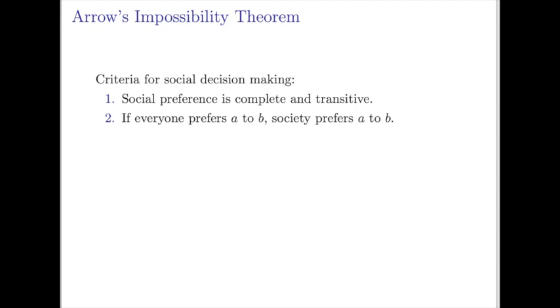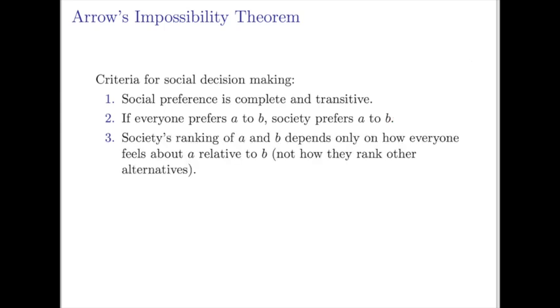So if everybody says A is better than B, then you'd think society should say A is also better than B. We call this efficiency. Again, this is a very minimal requirement. It just says that the social preferences actually have to reflect individual preferences.